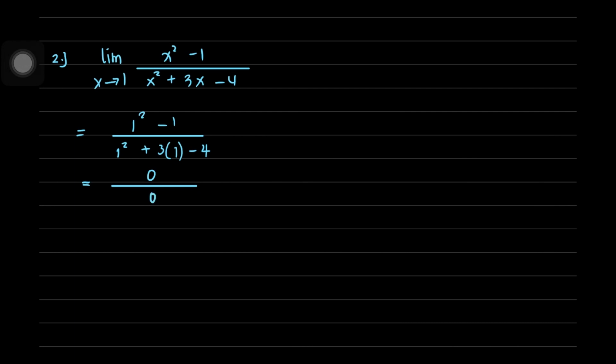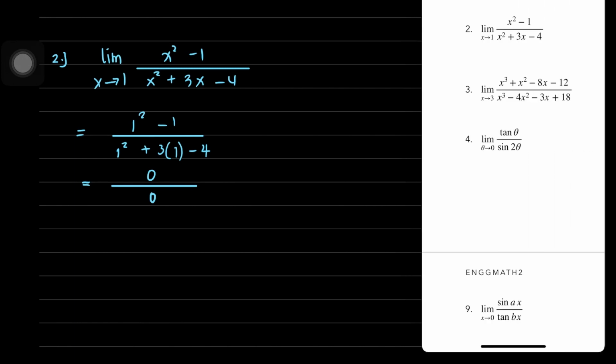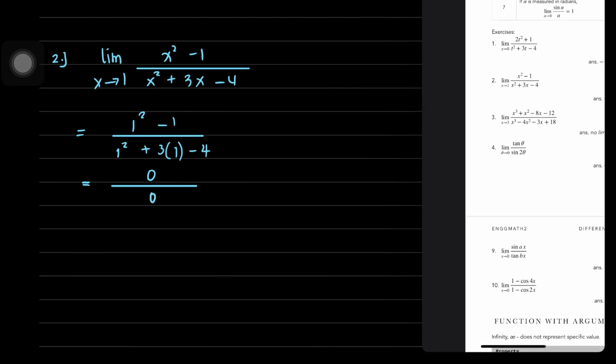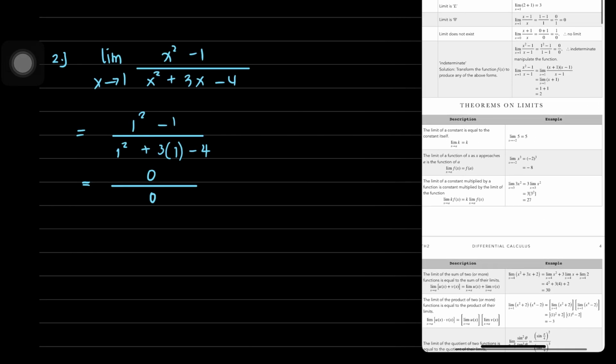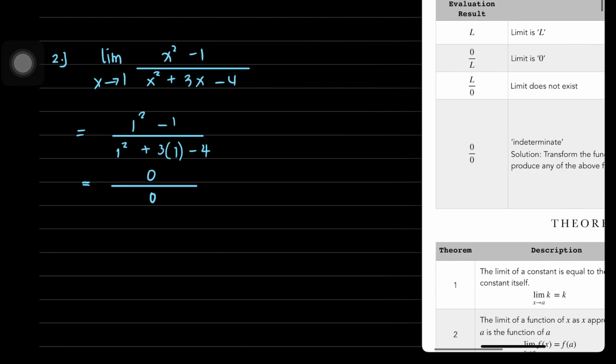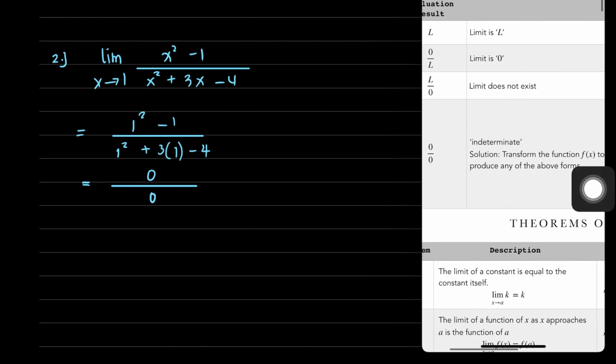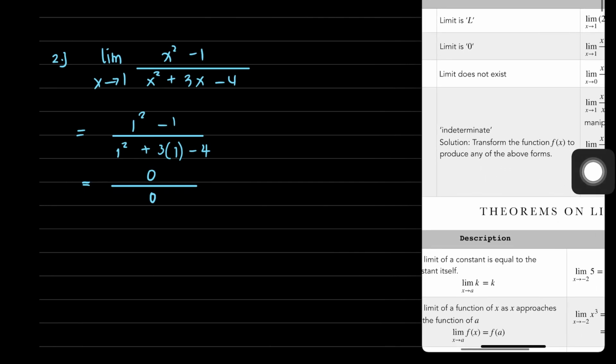If we recall our discussion on the evaluation of limits, this falls under the fourth type. If the result is 0 over 0, that means the limit is indeterminate. And we're not going to stop there, because there is a solution to this.